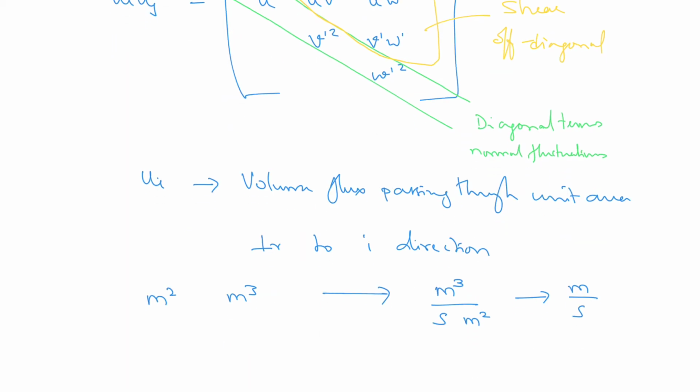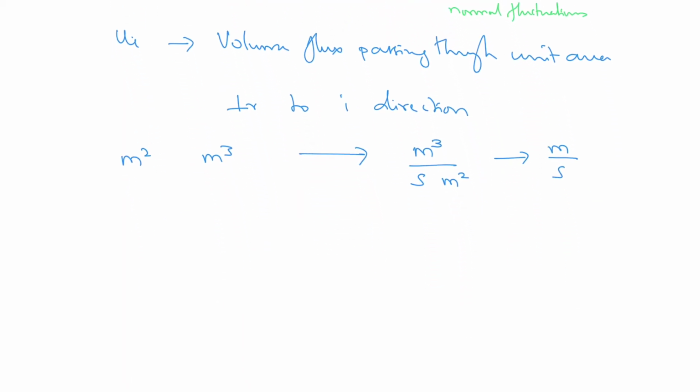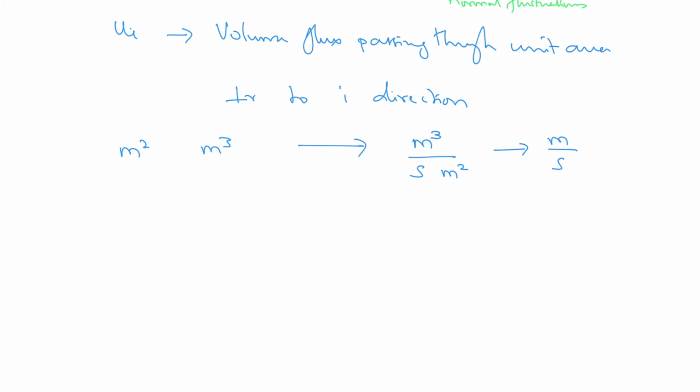Now taking this further, in the Reynolds stress we saw that there is a rho ui uj. Suppose we multiply this ui by rho, what does it convey?